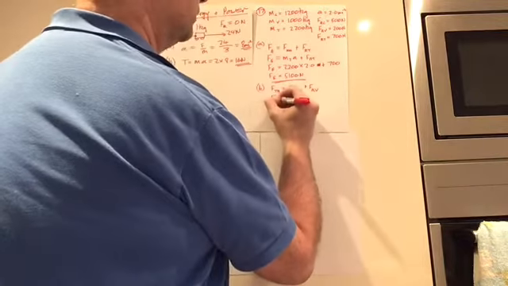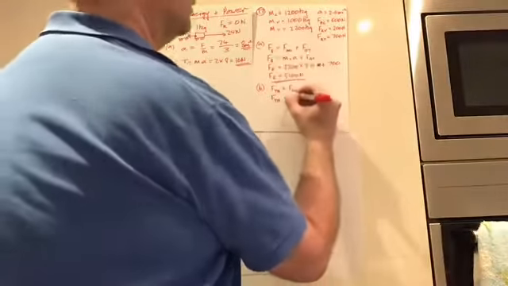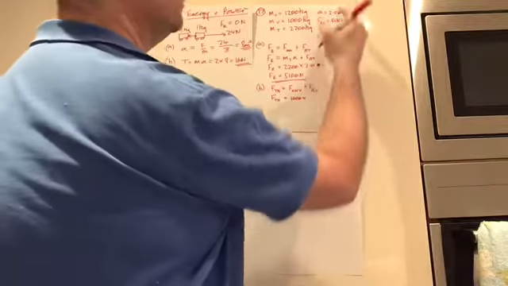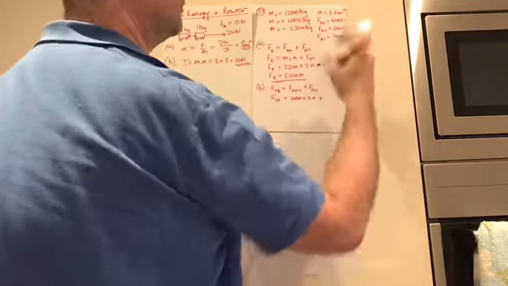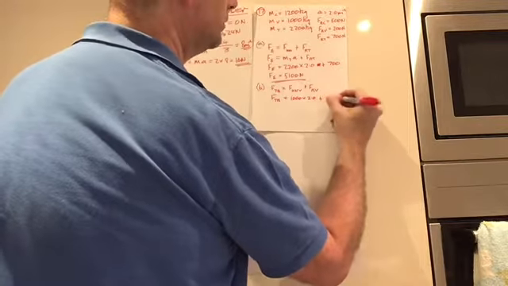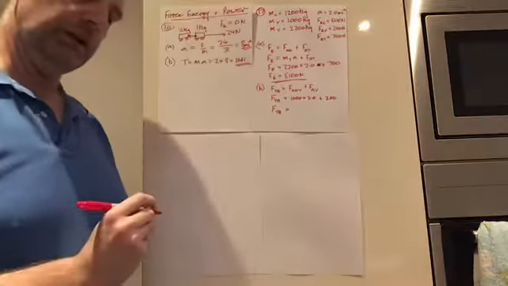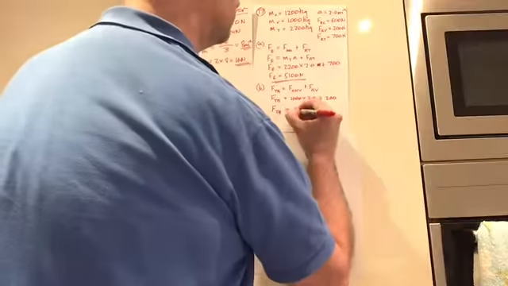So the force on the tow bar is going to be 1,000 kilograms for the mass of the caravan, times the acceleration of 2 meters per second squared, plus the force of friction on the caravan, which was only 200, and that is going to give you a grand total of 2,200 newtons.